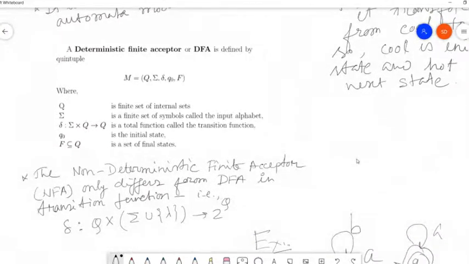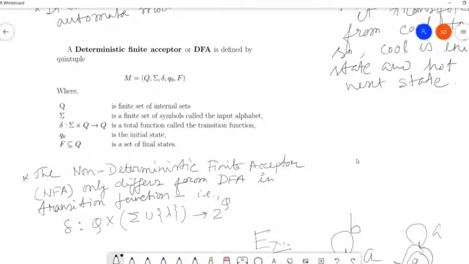So let's come to the formal definition of a deterministic finite acceptor. It is mathematically represented using a quintuple, which consists of Q, sigma, delta, q naught, and F. I'm going to describe exactly what each one is.